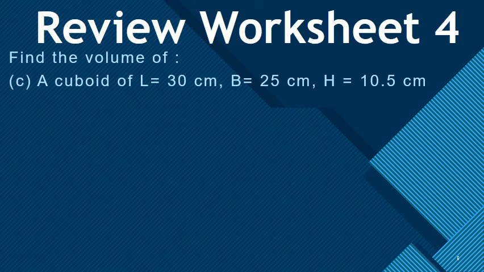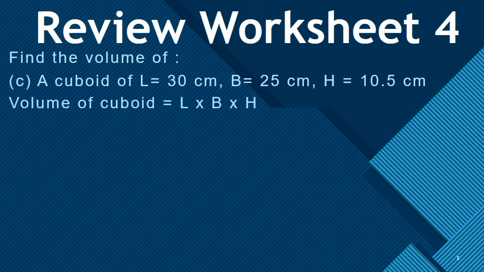So, we know that in the question, the length, breadth and height of a cuboid is given. And children, you have to find out the volume of the cuboid. We know the formula for finding out the volume of a cuboid. Volume of a cuboid is equal to L multiplied by B multiplied by H, where L is the length, B is the breadth and H is the height of the cuboid.